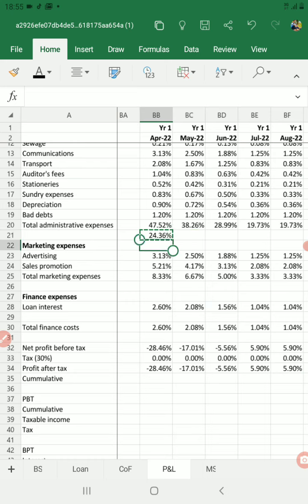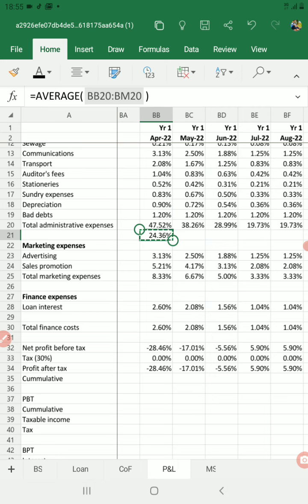So you can see the average has averaged out the fluctuations on monthly basis, because we have 47.52 in the first month of the year, 38 in the second month, 28, and so on, okay? But the average has averaged them out.